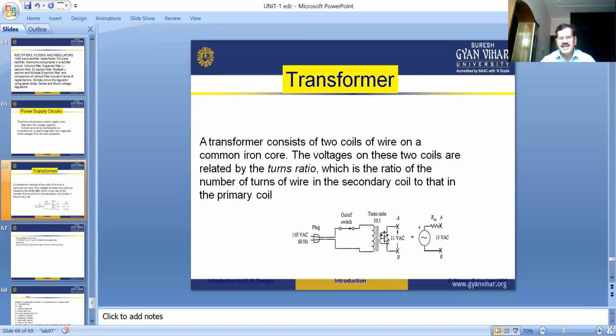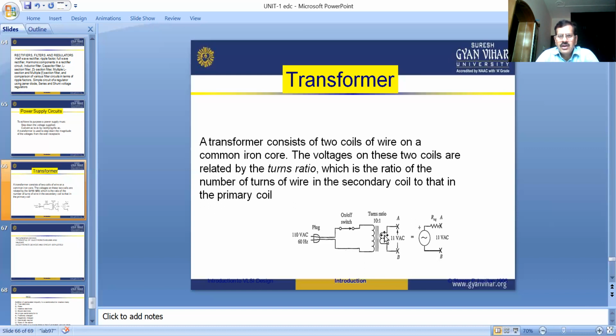In the next cycle of the supply, the two diodes that were forward biased will now be reverse biased, and the two diodes that were reverse biased will now be forward biased. So the polarity is changed. The cycle of the AC supply has changed, so the polarity of the diodes also changes.